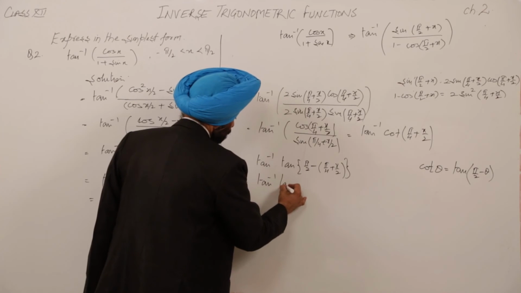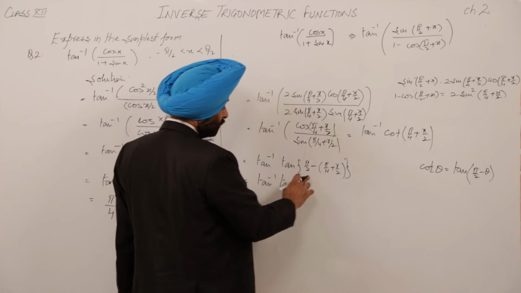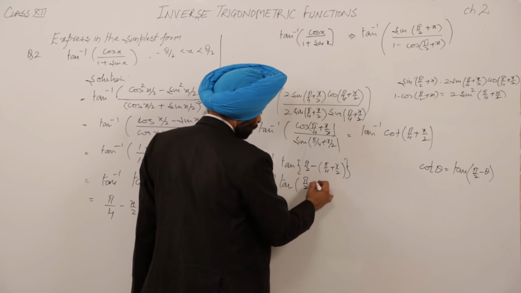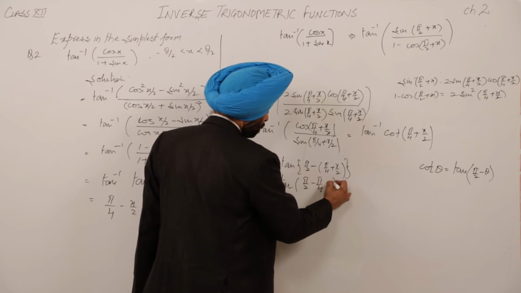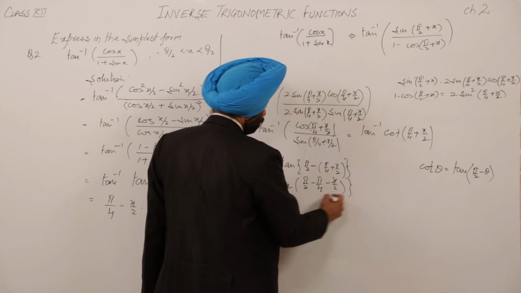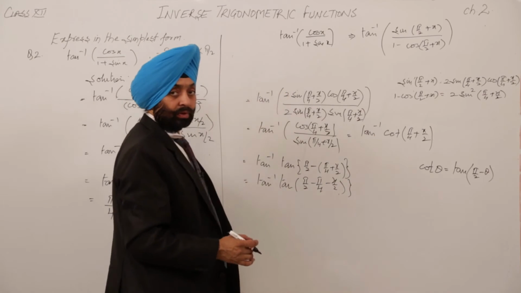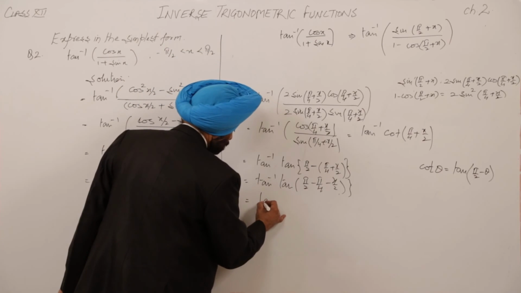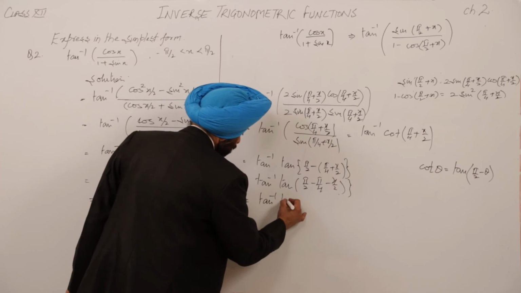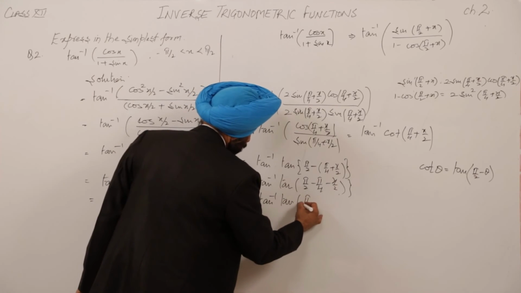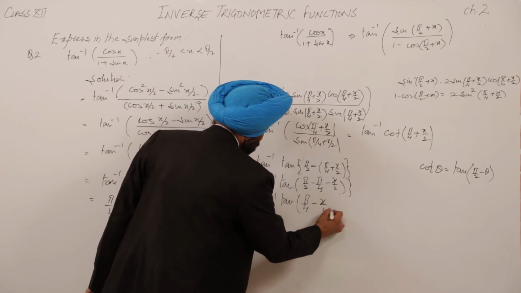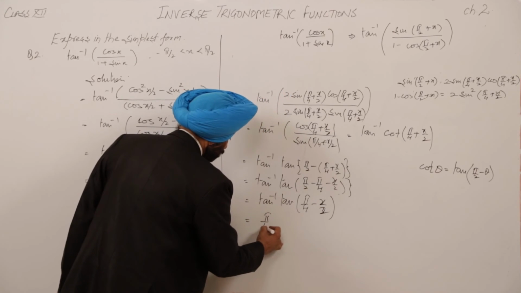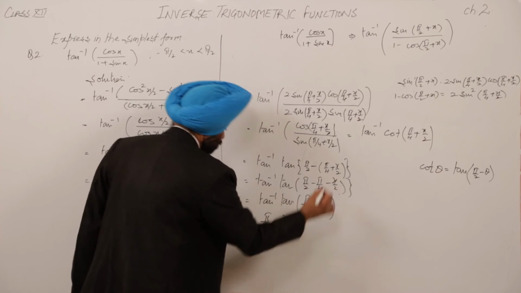Tan inverse tan pi by 2 minus pi by 4 minus x by 2. Now pi by 2 minus pi by 4, what is it? Pi by 4. So we got tan inverse tan pi by 4 minus x by 2, and finally pi by 4 minus x by 2.